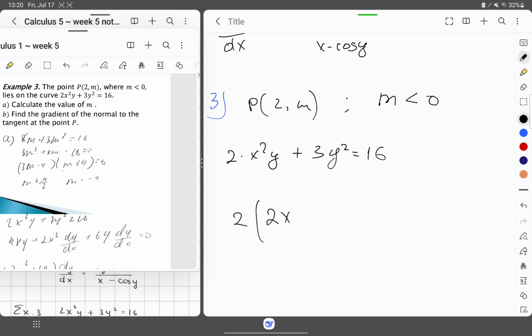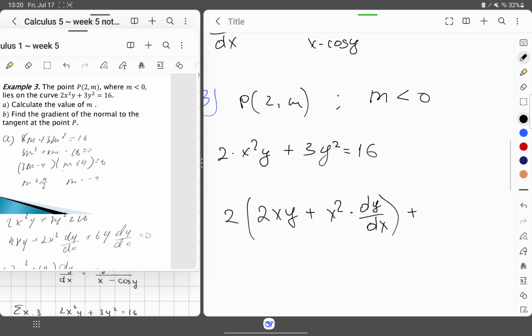That will be 2xy plus x squared times dy over dx plus, what is 3 times 2? 6y times dy over dx equals 16.